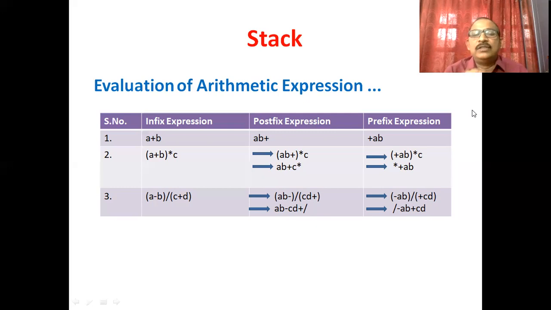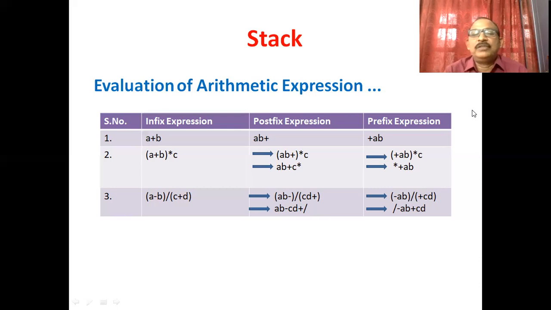Now here you can see there are only two operands. One is A B minus and the next is C D plus. So we simply write the first operand followed by the second operand and followed by the operator. Here the operator is the division operator. So A B minus C D plus, followed by the division operator.